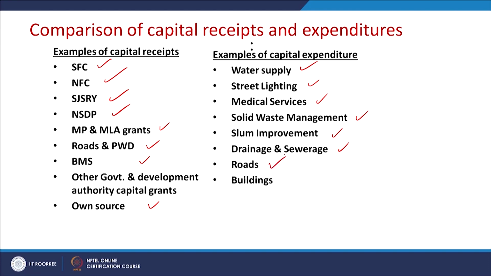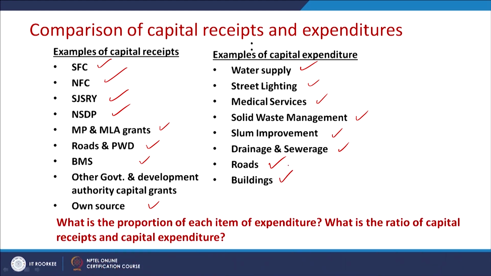These are the capital expenditure apart from the revenue expenditure. One is the capital expenditure which you need to spend for establishing large infrastructure and services, and the other is the revenue expenditure which you need for running your system.